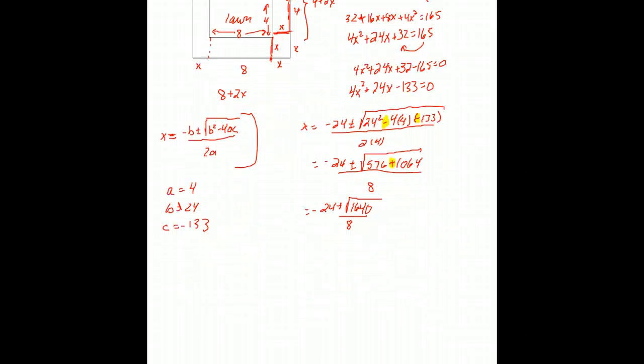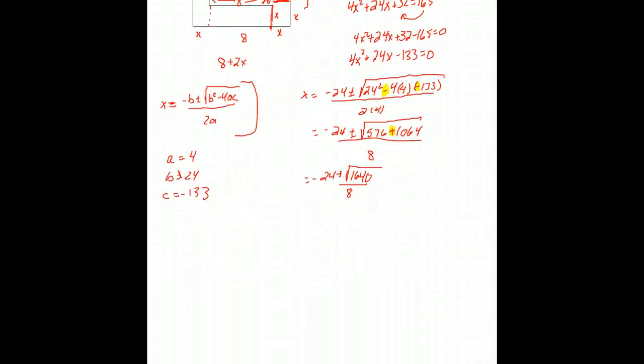Now we were not asked to give an exact answer, so you can work this out to a decimal, plus or minus, and the decimal will round to 40.5, divided by 8. So your two answers. First one, negative 24 plus 40.5 divided by 8. And your second answer would work out to negative 24 subtract 40.5 divided by 8.